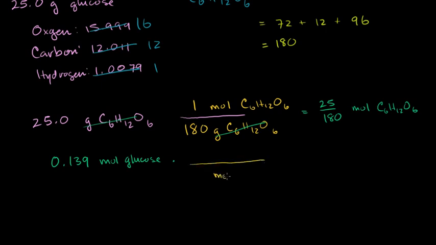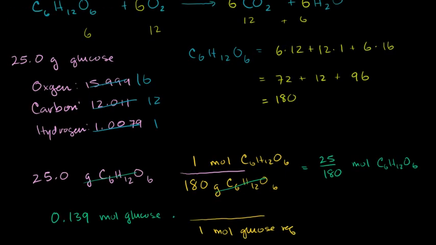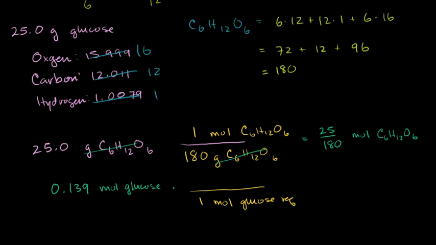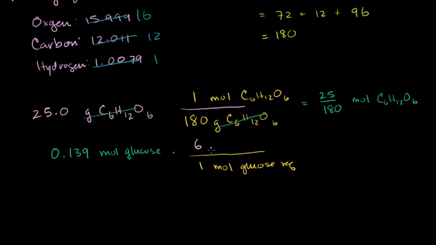For every 1 mole of glucose required, we figured out when we balanced the equation, for every mole of glucose, we need 6 moles of O2 required.